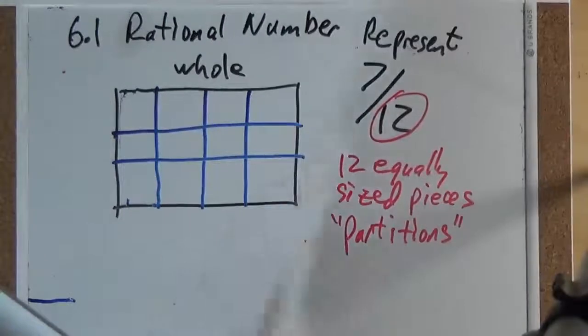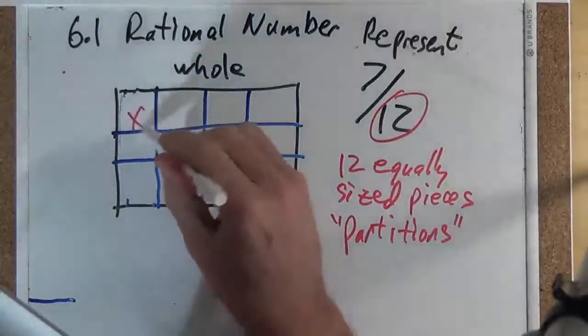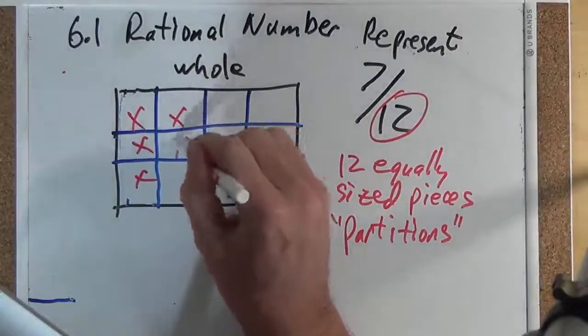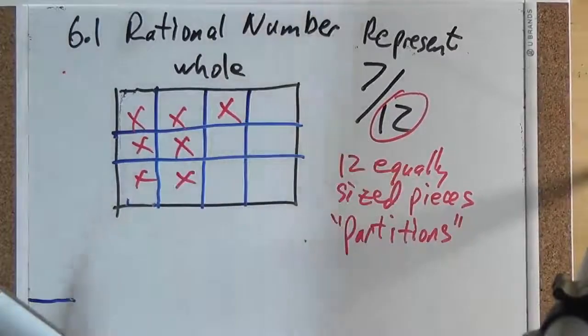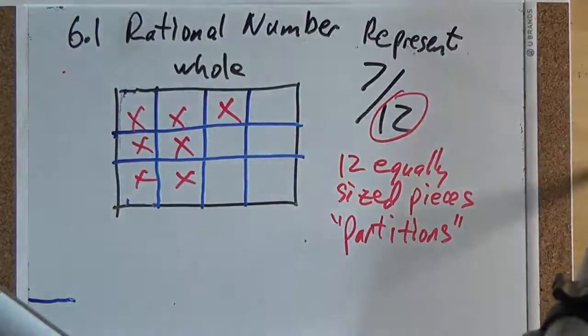And I can now select 7 of them. And I represented my 7/12 in a much easier manner.